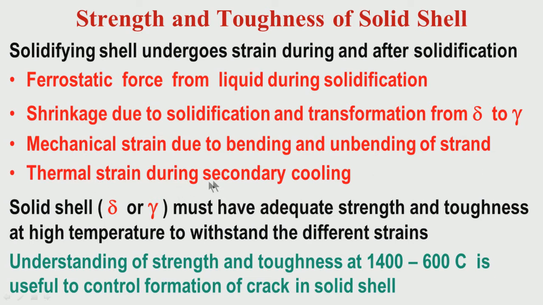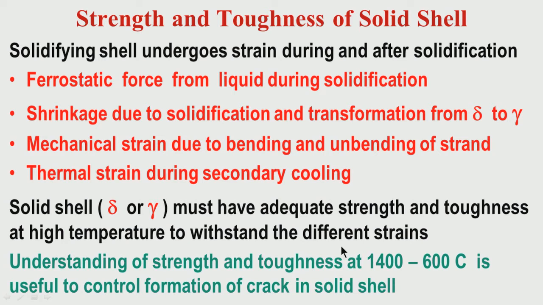Then there may be thermal strain during secondary cooling. We are cooling the strand surface with water or mist, so it will create thermal strain. So this is again important. The solid shell, whether delta or gamma, must have adequate strength and toughness at high temperature to withstand the different strains. This is important.